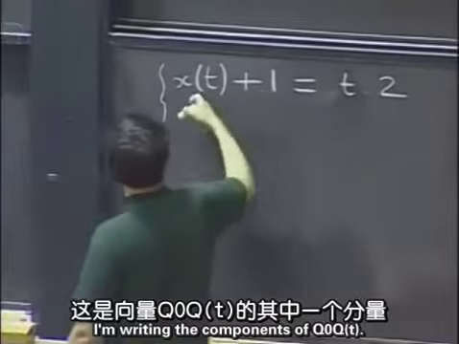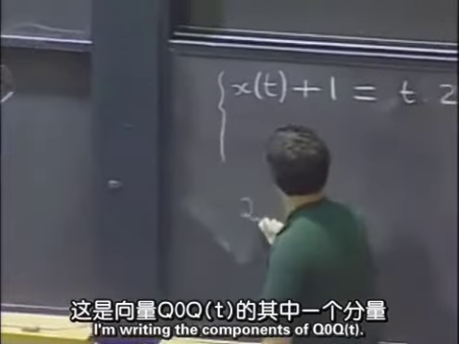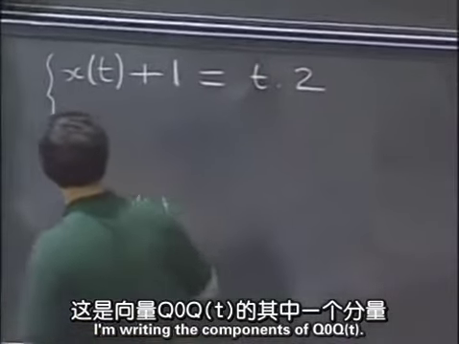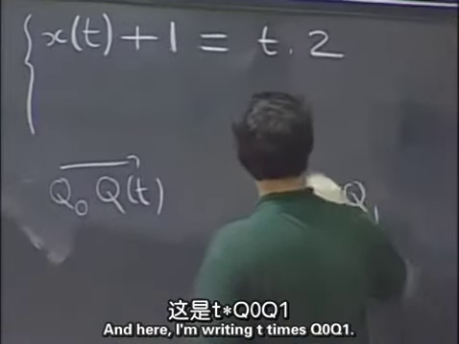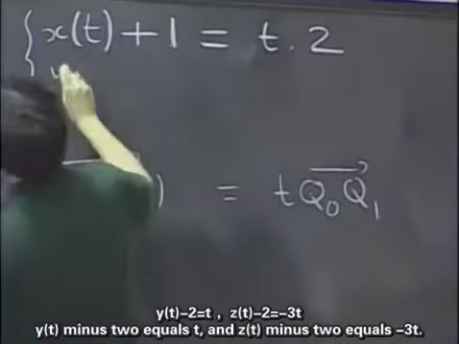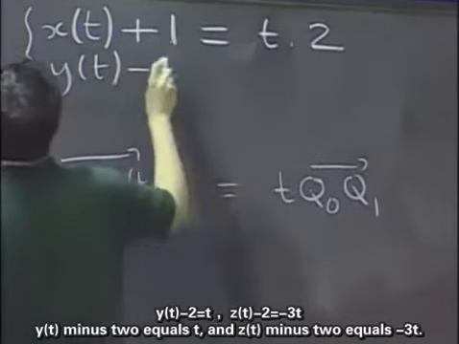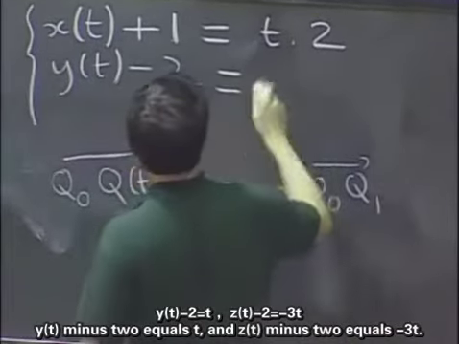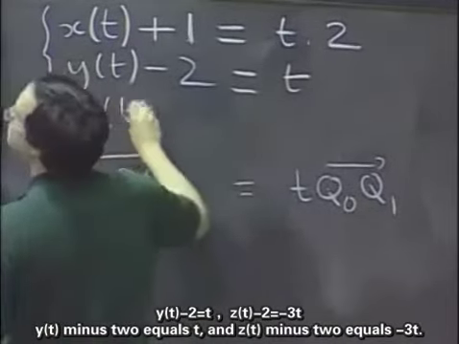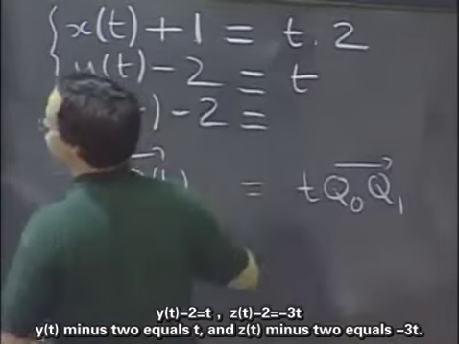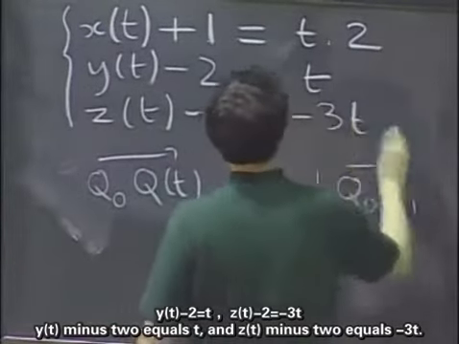I'm writing the components of vector q0, q of t, and here I'm writing t times q0, q1. Y of t minus 2 equals t, and z of t minus 2 equals minus 3t.